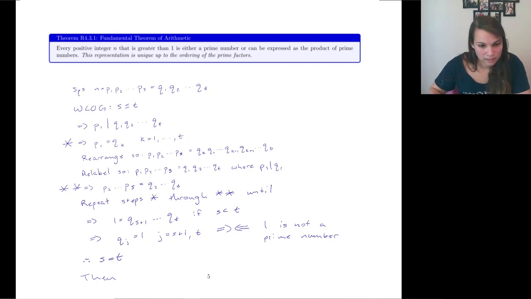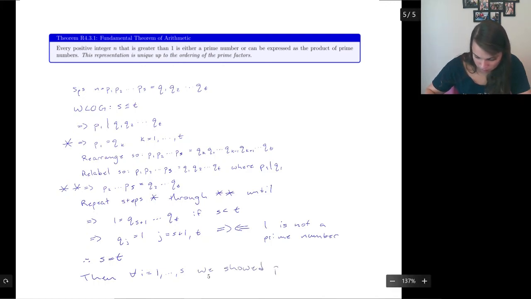Then for all i equal to 1 up through S, we showed Pi is equal to Qi.